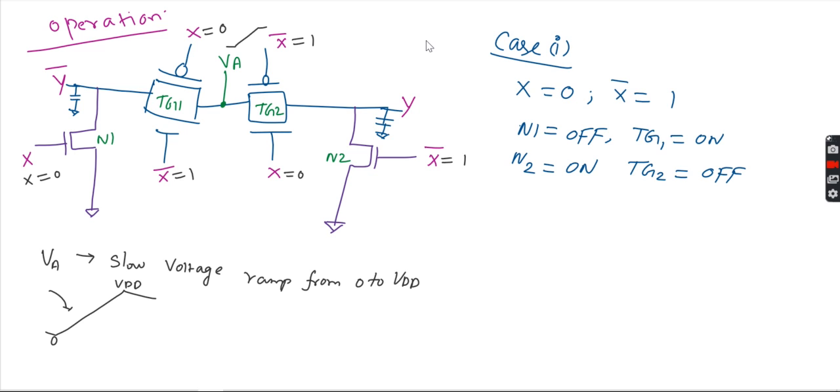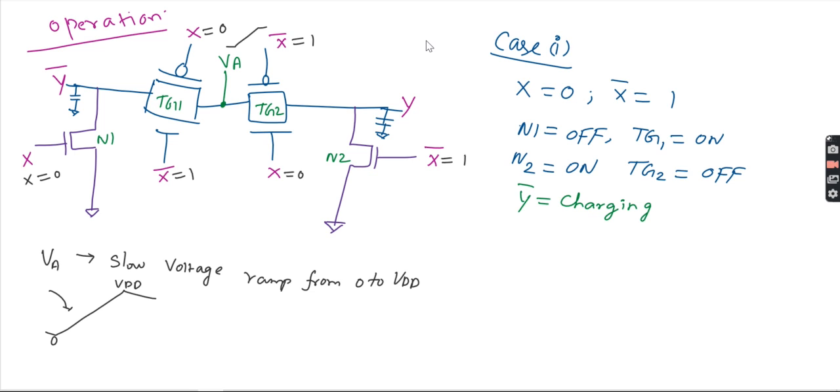The transmission gate is a combination of the PMOS and the NMOS. Here in TG1, the NMOS gate X bar is equal to 1 and X is equal to 0, so the PMOS will also be on. Then the transmission gate is on, and the other will be off. We are applying the slow voltage ramp from 0 to VDD. When TG1 is on, Y bar will be charging.